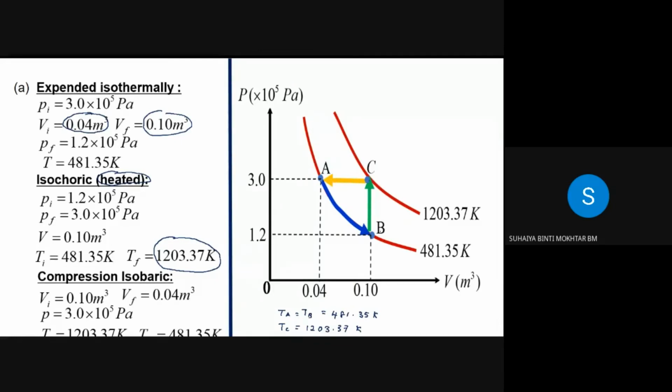Temperature C is greater than A. In this case we compress, so the volume decreases from 0.1 to 0.04. So the cycle is complete: A, B, C, A.